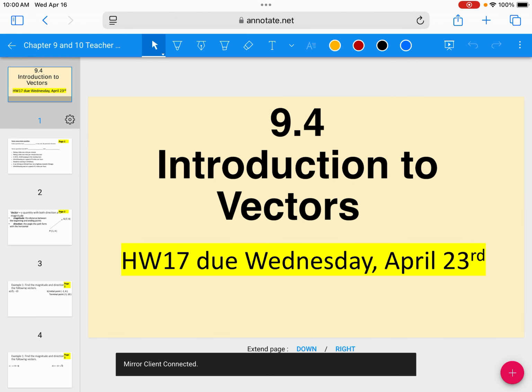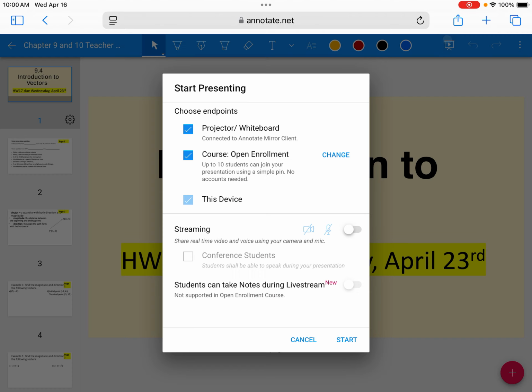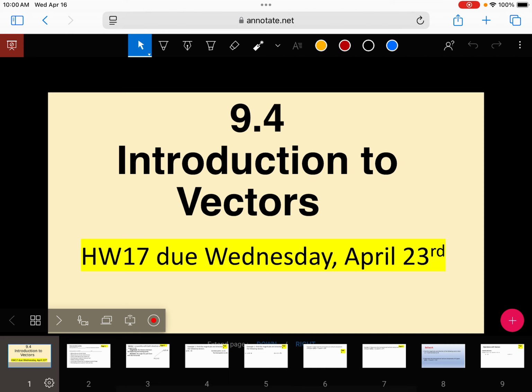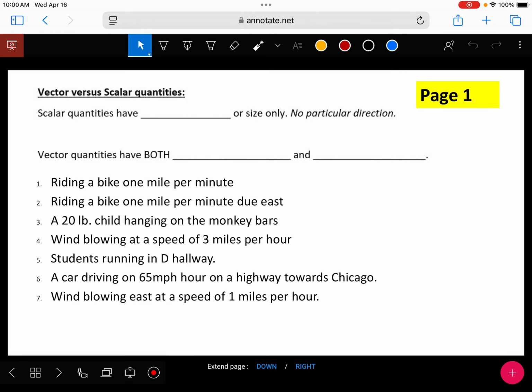Okay, so that is our introduction to our new unit. 9.4, you should have that note packet. Go ahead and take that out. 9.4 is all about vectors. So, just like it was stated in our introduction, a vector has both magnitude and direction.